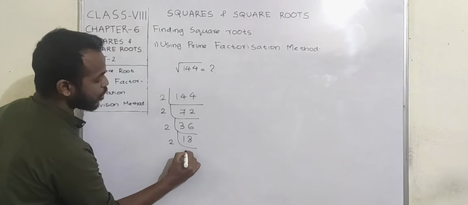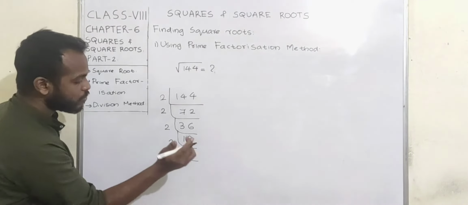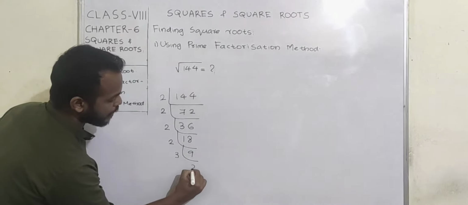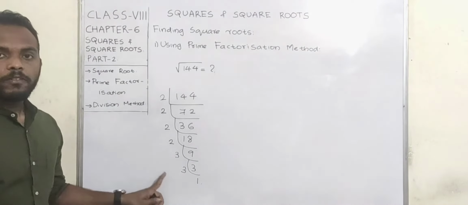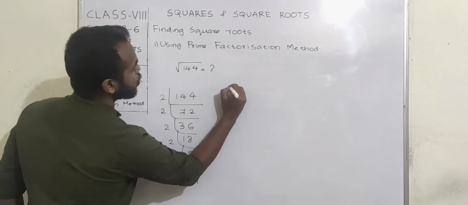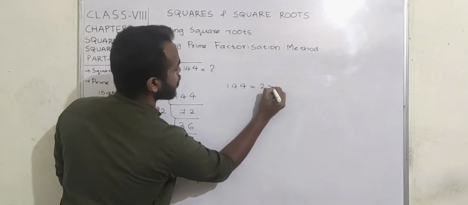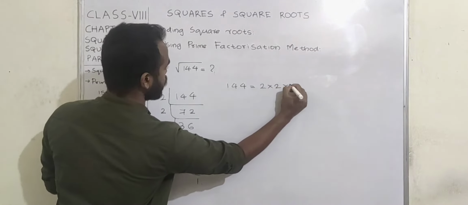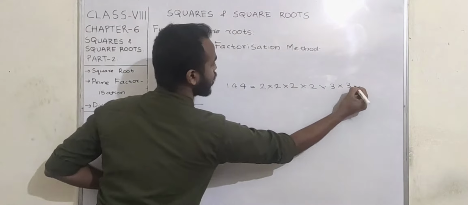Again 2, 9. Then we cannot use 2, so we will employ 3. Then another 3. So we can write 144 as the product of all these prime numbers: 2 times 2 times 2 times 2 times 3 times 3.